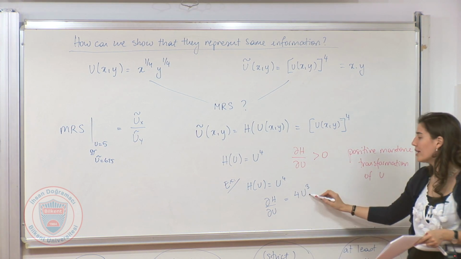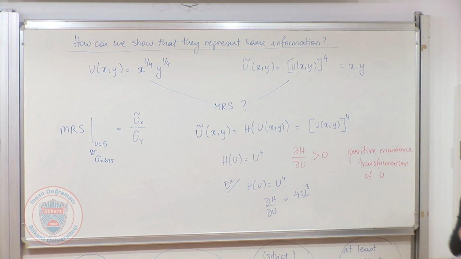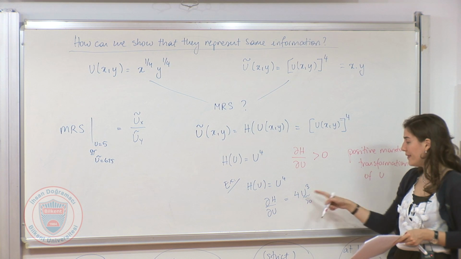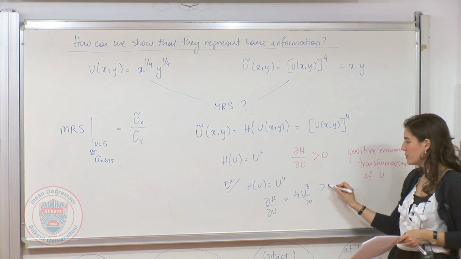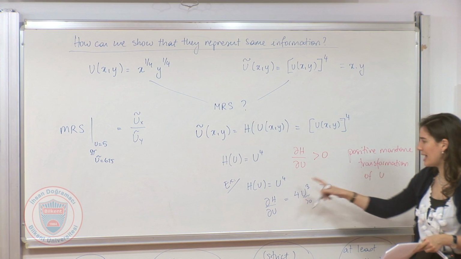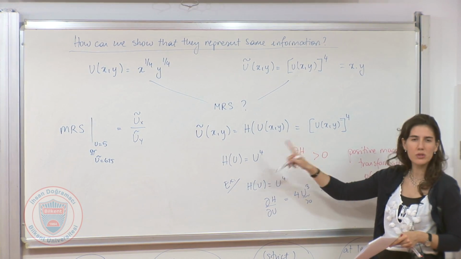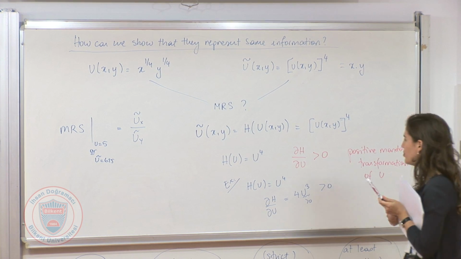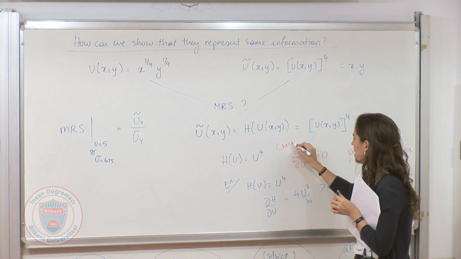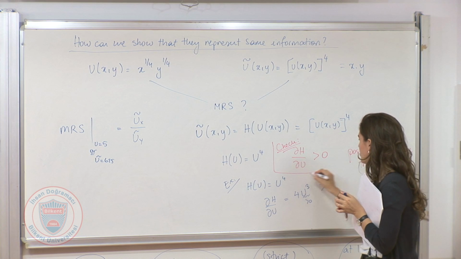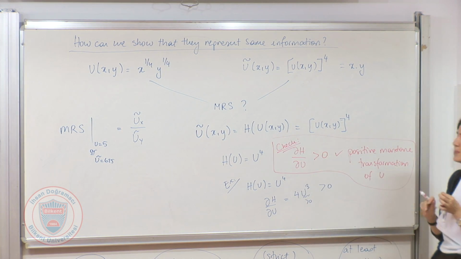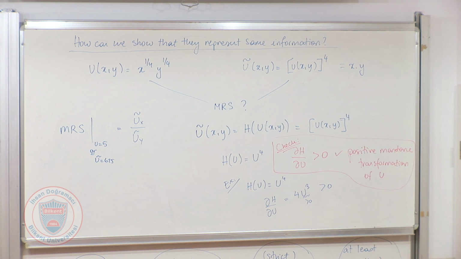As long as u of xy, and most of the time that's what we assume, is positive, then this is going to be positive. Then what about this h? Is it a positive monotone transformation? Yes. So let's check this condition, and if it's true, then it's a positive monotone transformation.